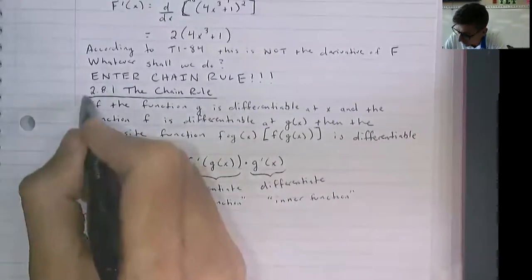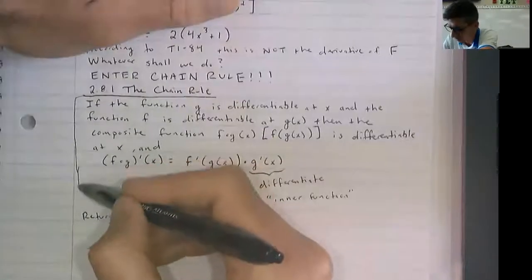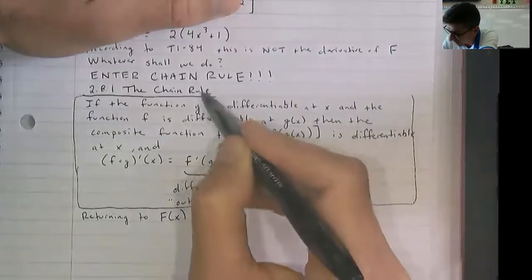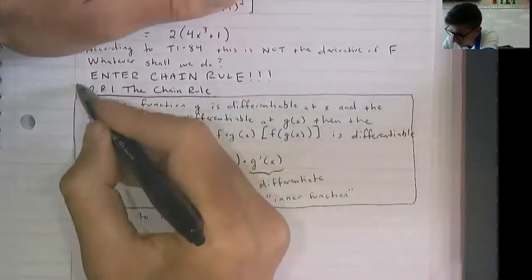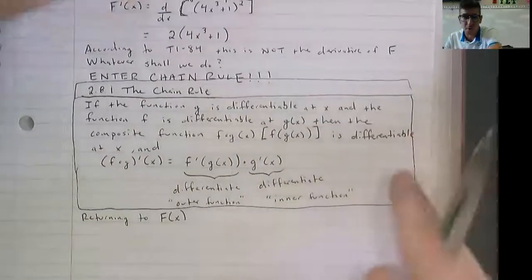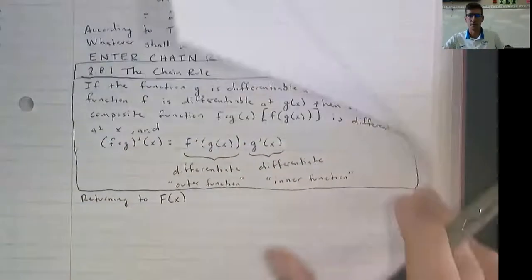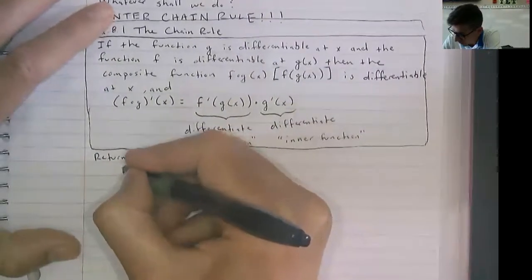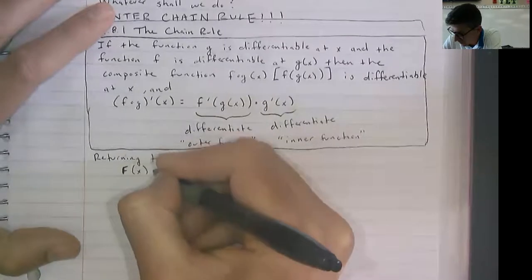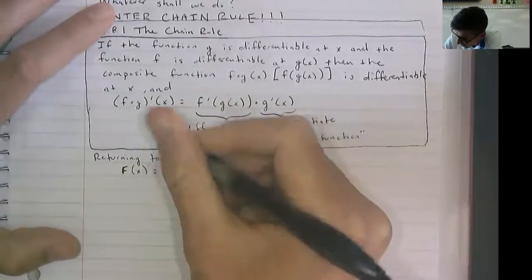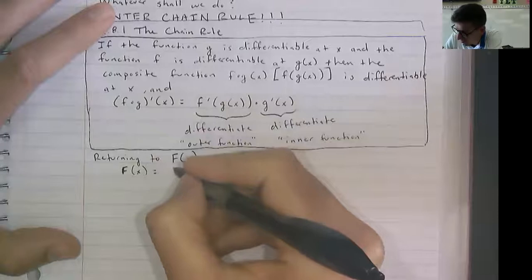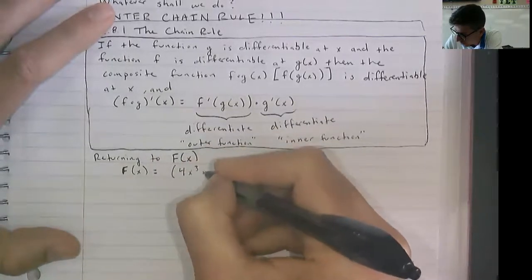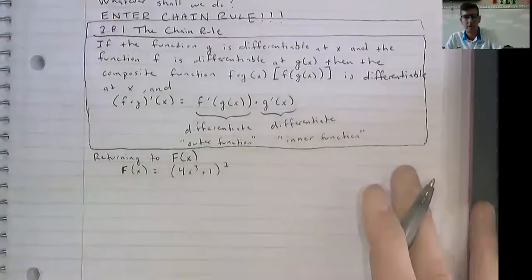This is very muy importante. Spanglish. Turning to f of x. f of x is equal to (4x cubed plus 1) squared.